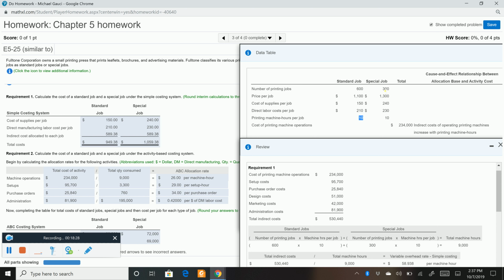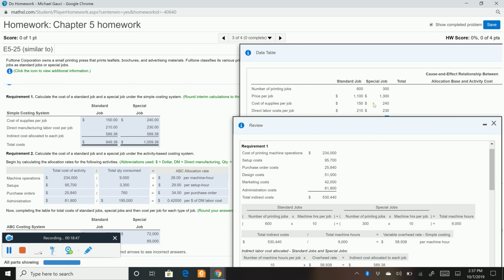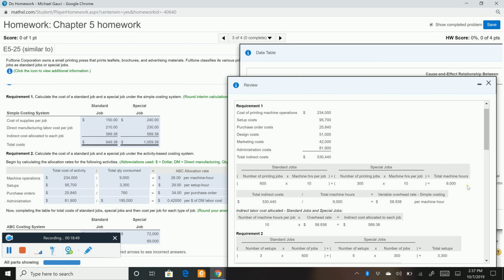The special job, we have 300 of them, and they also take the same 10 printing machine hours per job. So 600 times 10 is 6,000, plus 300 times 10, which is 3,000, gives us a total of 9,000 machine hours.